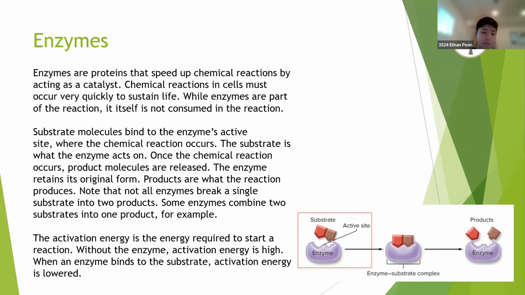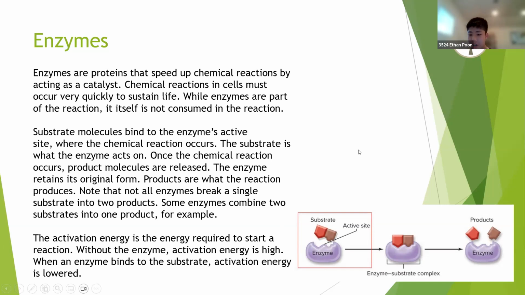So substrate molecules, is what we call them, bind to the enzyme's active site, which you can see here in the diagram I have, is where the substrate attaches, and then the chemical reaction happens. The substrate is what the enzyme acts on. And once the chemical reaction has occurred, the product molecules are released, so they go out.